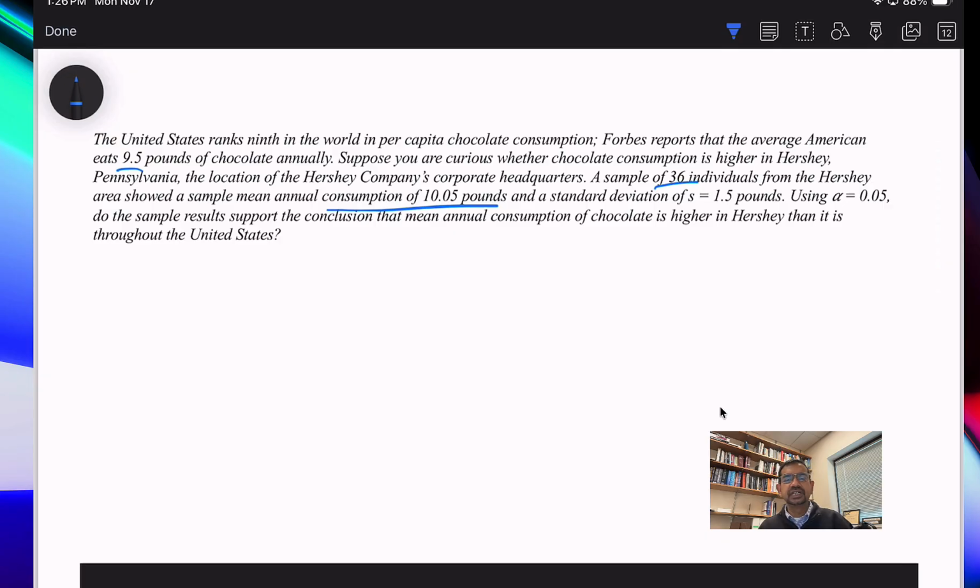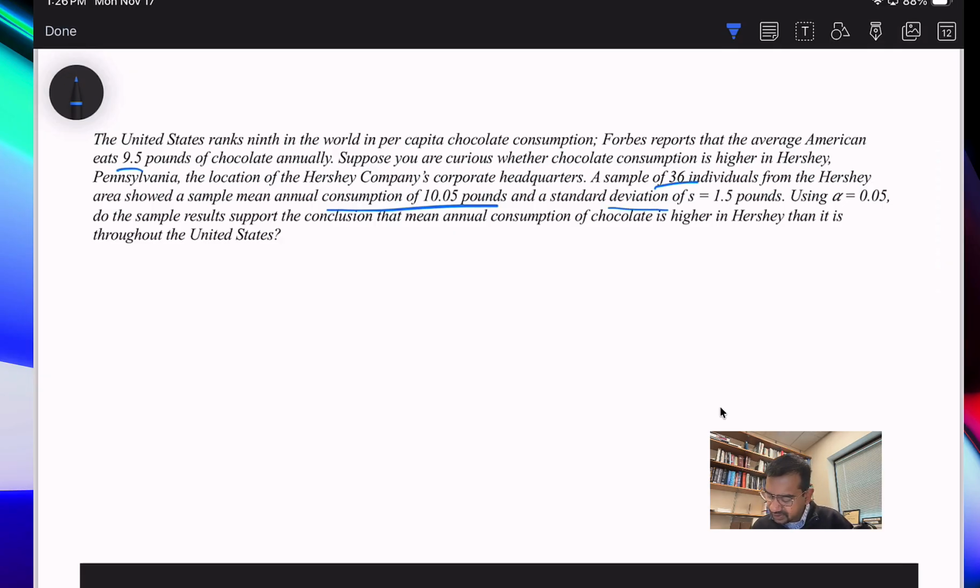We have to conduct a hypothesis test, because just the presence of our x bar being greater than mu naught, the population mean, is not enough evidence. This is just one sample, and we know that the sample mean itself is a random variable. Also notice here, we do not know the population standard deviation.